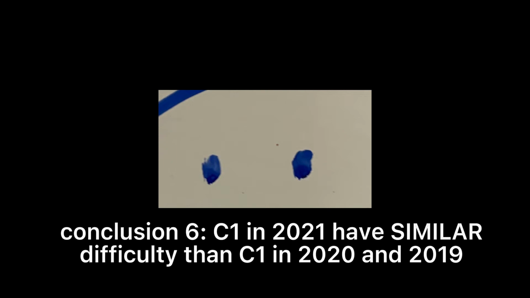For B and C, it's just asking you to find the lines which are parallel. Therefore, I think that C1 is a bit difficult and has some tricks. However, it is still similar compared to the one in 2020 and 2019.